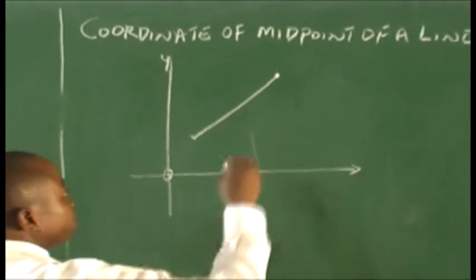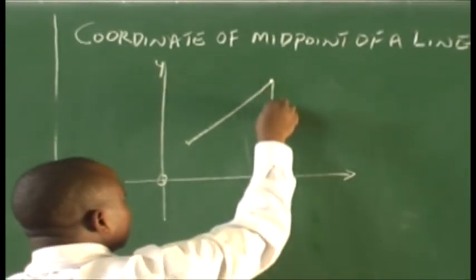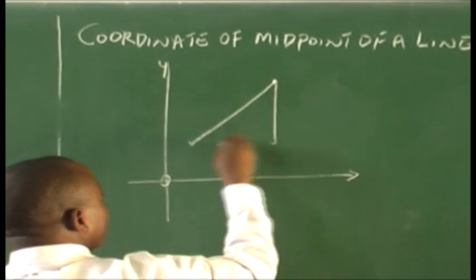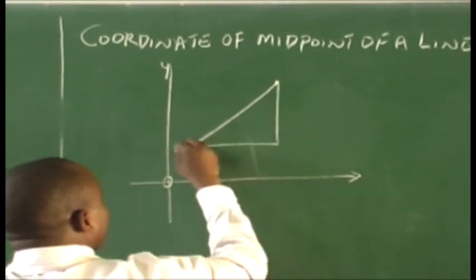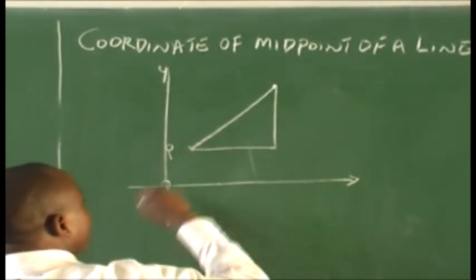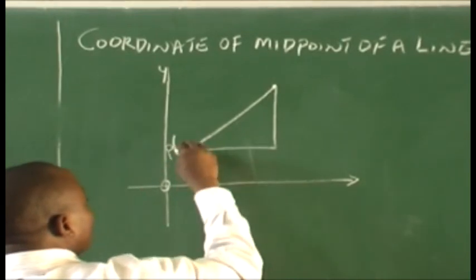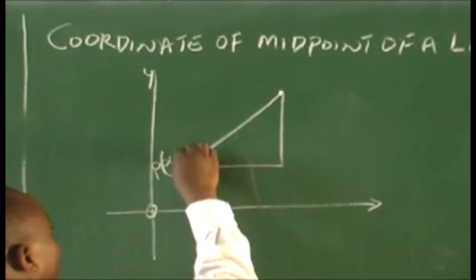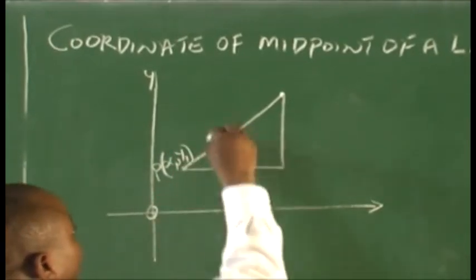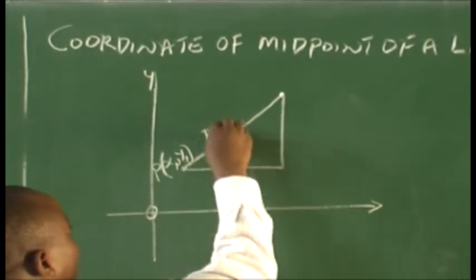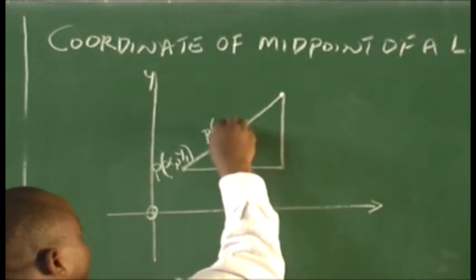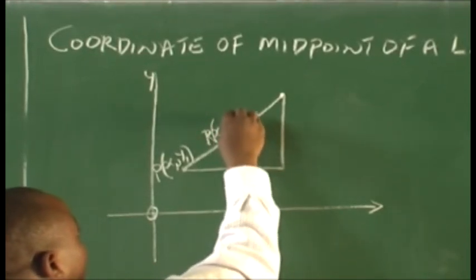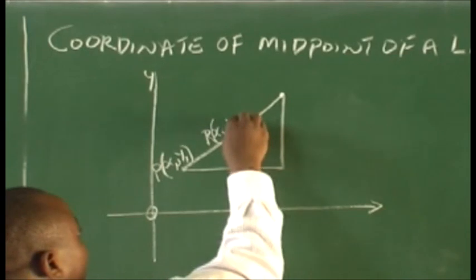Now what I will do is, let me join here with this place. Let this point be point P, with coordinates x1 and y1. Now let me take a variable point, xr and yr.